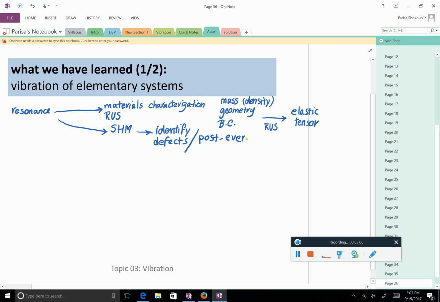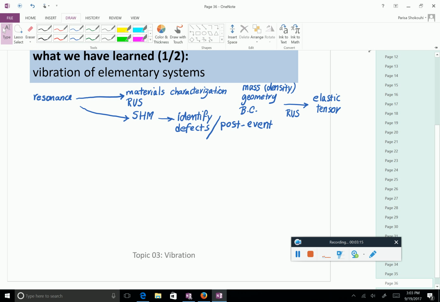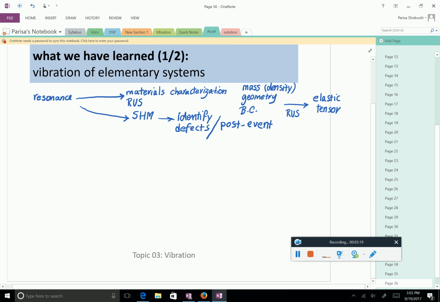And then we started to learn about resonance. Very quickly, I want to recap everything we learned in this module. We started with single degree of freedom systems, and we looked at free vibration first.